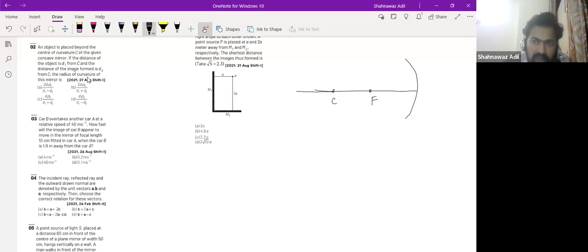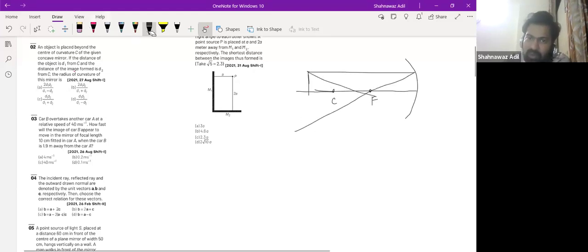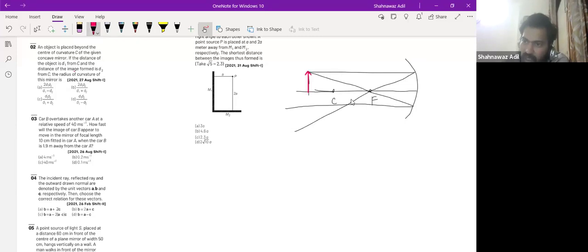If the object is beyond the center of curvature, where will the image form? It will form in between C and F. Here is the object, here is the image, and this distance is r.